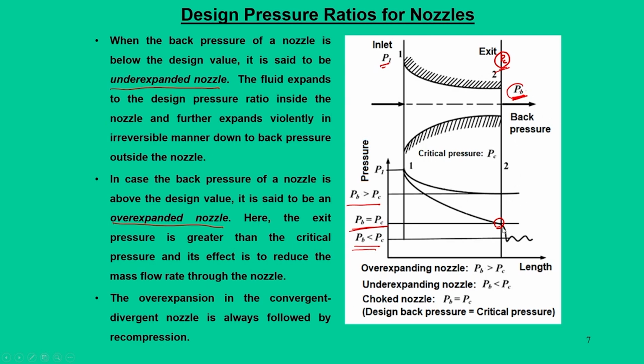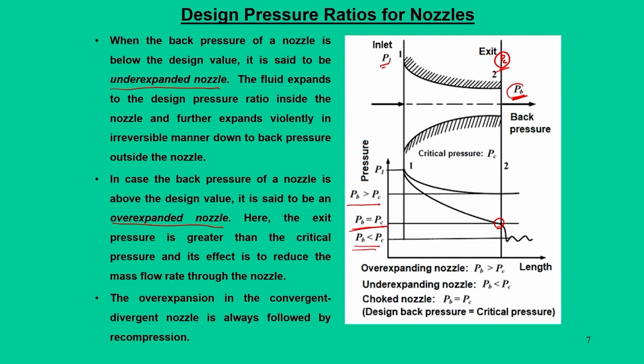So when the flow goes out, it further expands outside the nozzle, and this expansion occurs in an irreversible manner. Although the process from 1 to 2 is reversible, beyond this it is irreversible, and after coming out the gas expands violently outside the nozzle till it reaches the back pressure.